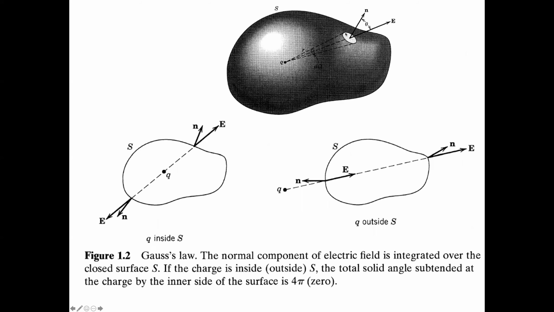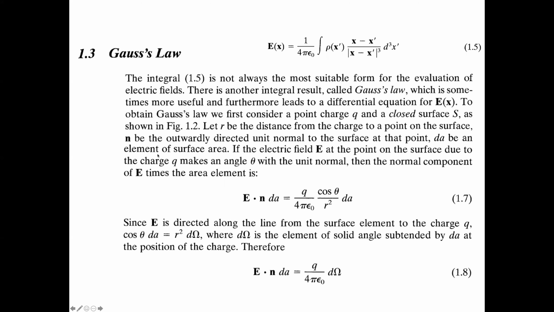So in this case, dA is the area here. Let's say it's very small. And then this is dA, and then if the electric field E at the point on the surface due to the charge Q makes angle theta with a unit normal, then the normal component of E could be written in this format: E dot N times dA.